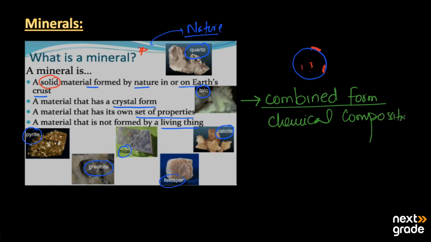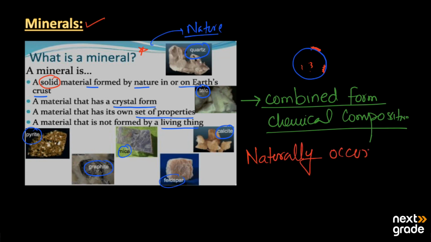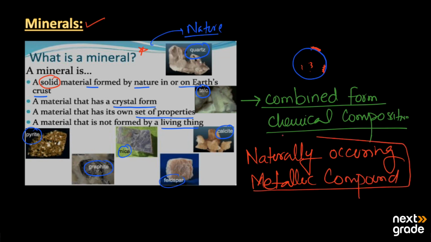All the naturally occurring metallic compounds are known as minerals. All the metallic compounds that occur in nature are basically the minerals. We have different types of minerals, like quartz, talc, mica, graphite, pyrite, and feldspar.